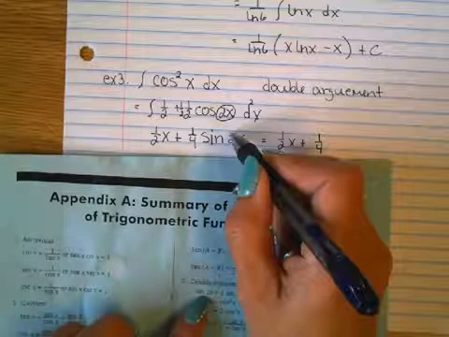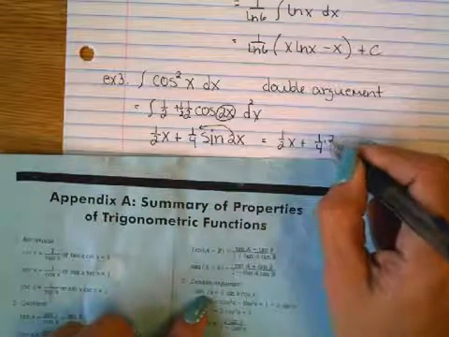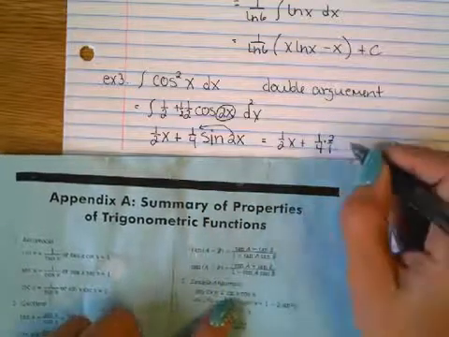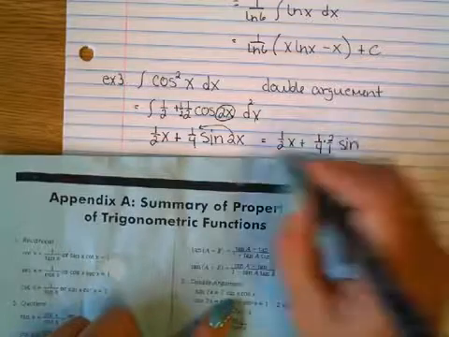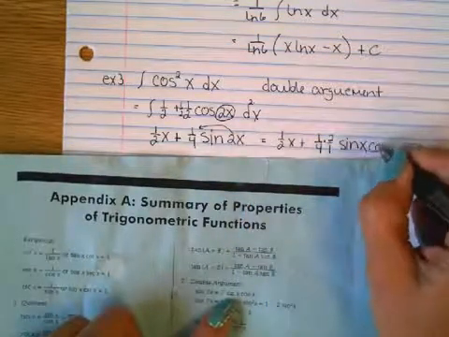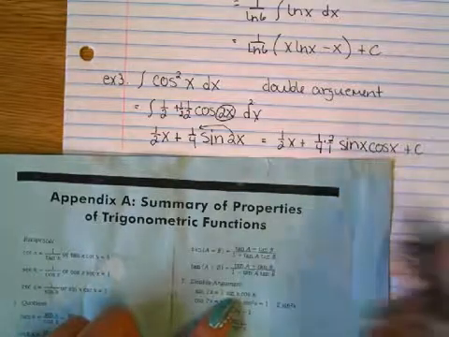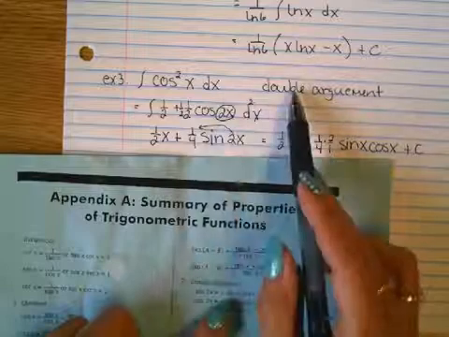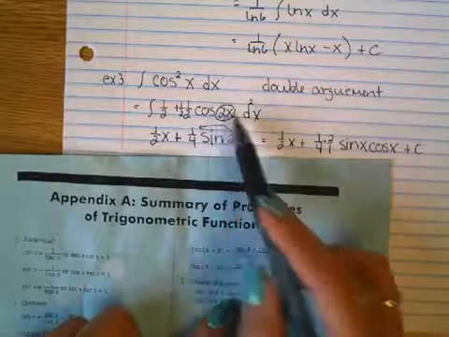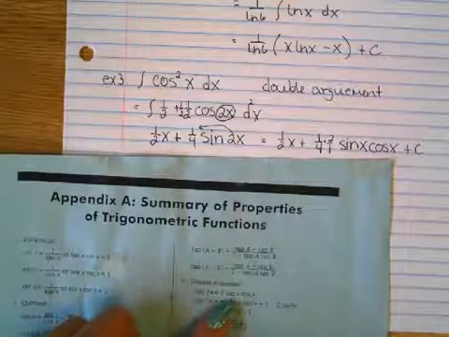Now my 2 that I have here comes to the front, so times 2. And then my sine, my angle gets cut in half. So instead of 2x, I'm down to x. And then times cosine x plus c. So we used the double argument twice, once to get it into a form that we can integrate, and then once to get it back to the form that it started in terms of x.